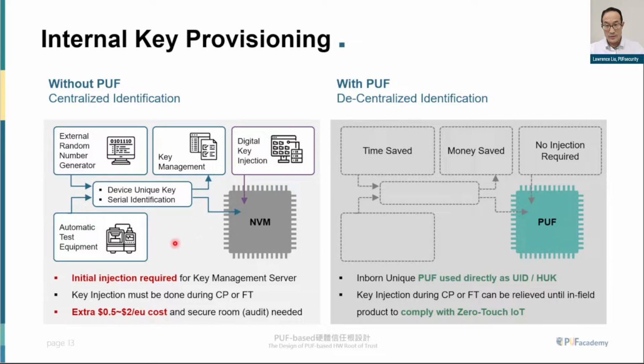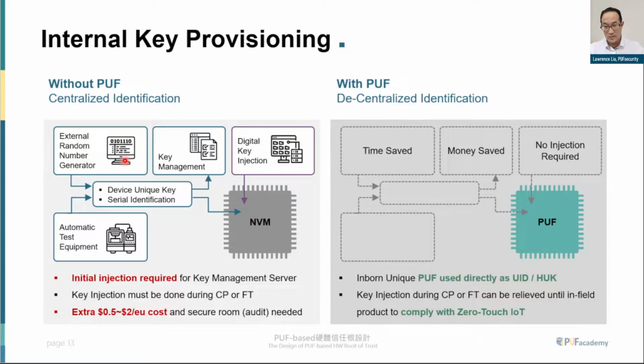So first, we'll start with internal key provisioning. We have a traditional root of trust without PUF versus a PUF-based root of trust. Traditional uses external key provisioning, while PUF-based uses internal key provisioning. PUF-based roots of trust rely on a PUF to generate the keys, as opposed to a traditional root of trust that uses an NVM for storage but doesn't have a way of generating the key.